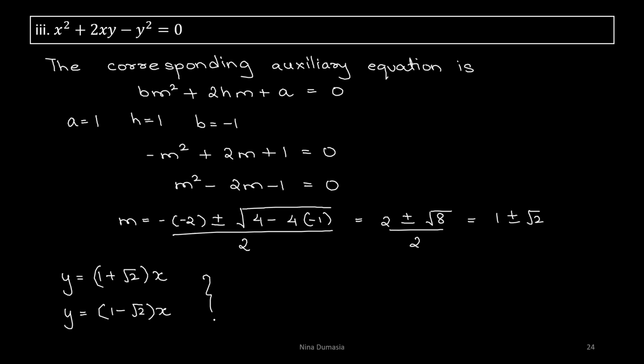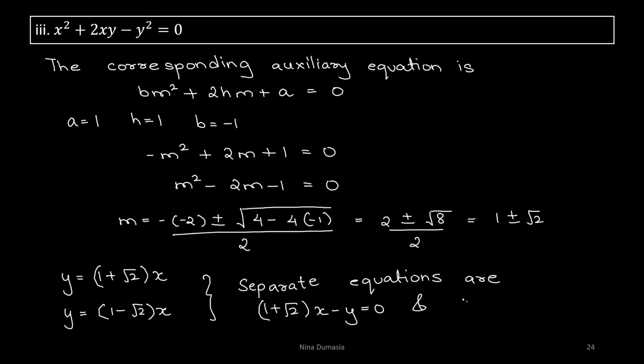So you can write that the separate equations are, first one is 1 plus root 2 into x minus y is equal to 0 and 1 minus root 2 into x minus y is equal to 0. Fine. So we have these two equations. Fine. Let us do the next question now.